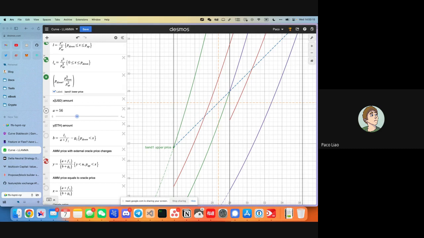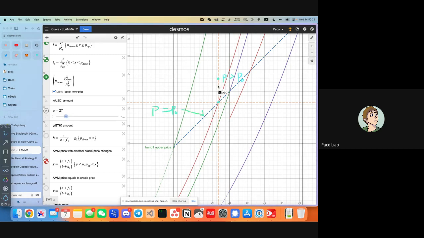So the USD amount in this AMM will decrease, like this, decreasing, because they're selling ETH to it. And when they're selling ETH to it, the market price goes down. And now we reach this point, where market price is equal to external price again. So arbitrageurs actually sell ETH to the pool.